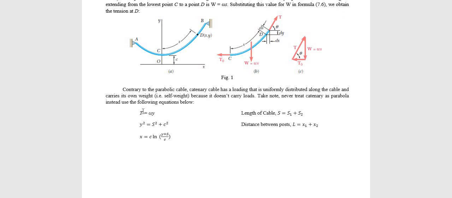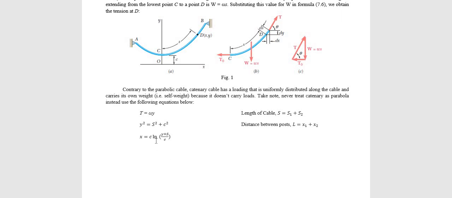Okay? So here, yung pag-analyze ng tension ng isang catenary cable is simply omega times y. Yung y dito is yung height from one point to another point. Tapos yung y squared is equal to s squared plus c squared.